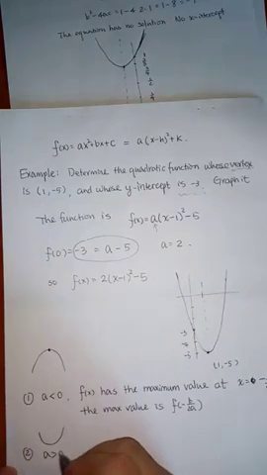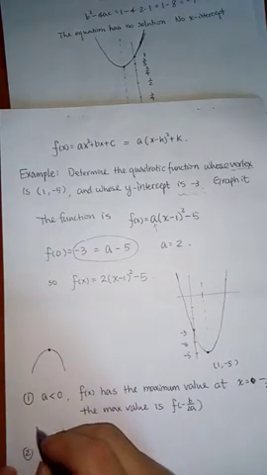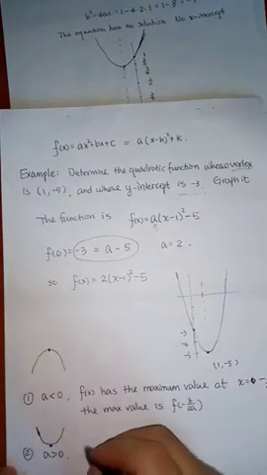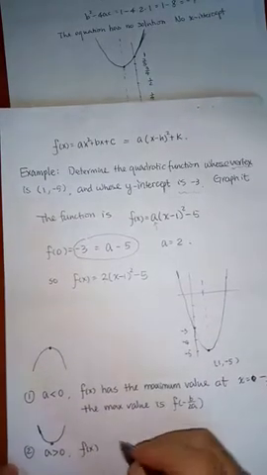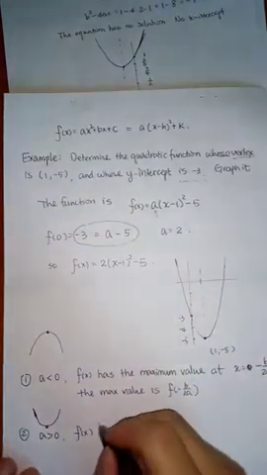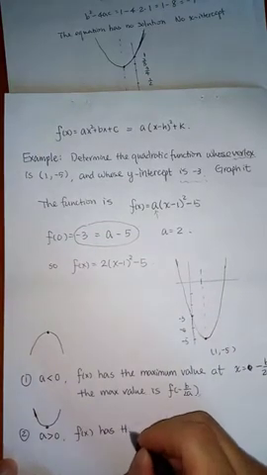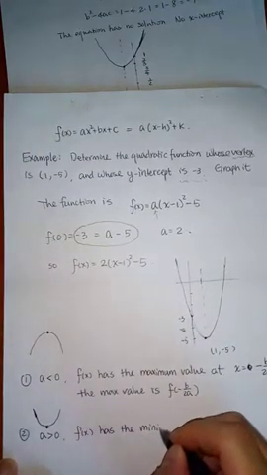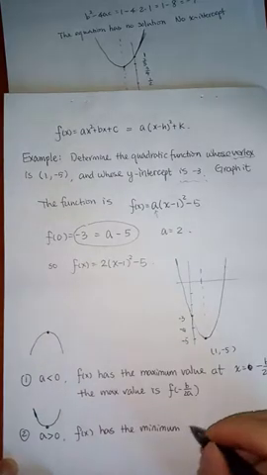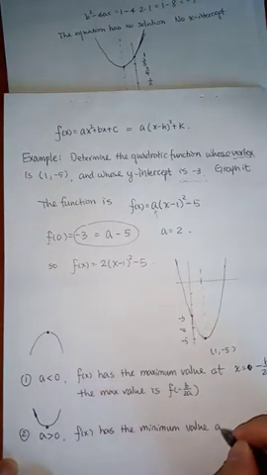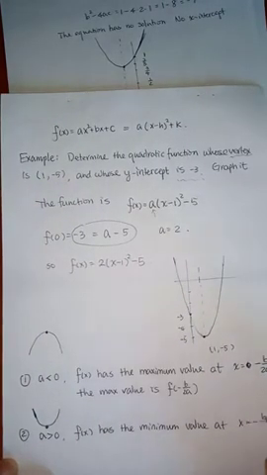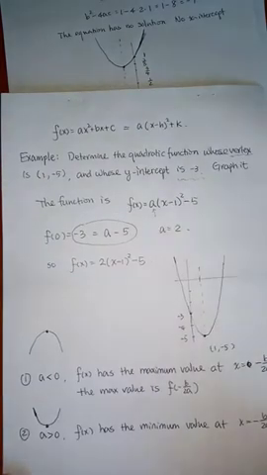If a is positive, a similar situation happens. f has the minimum value at negative b over 2a.